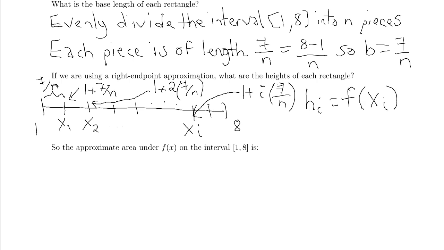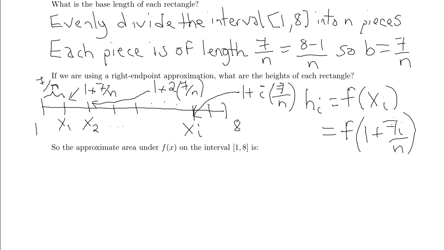If we're going to take that ith endpoint and plug it into our function. And so we actually can be more specific than that. That's going to be f of this 1 plus i times 7 over n, which I'm just going to write in a little bit more simplified way. So that's 7i over n. So we would take 1 plus 7i over n and plug that x value into our function.